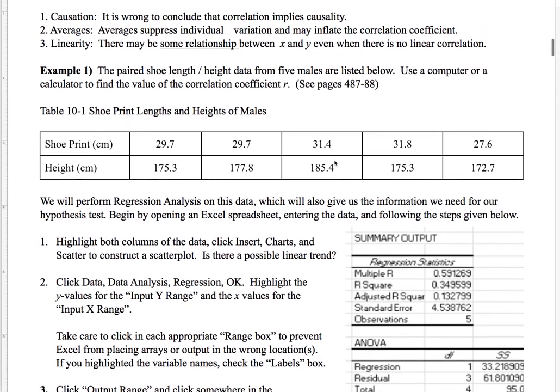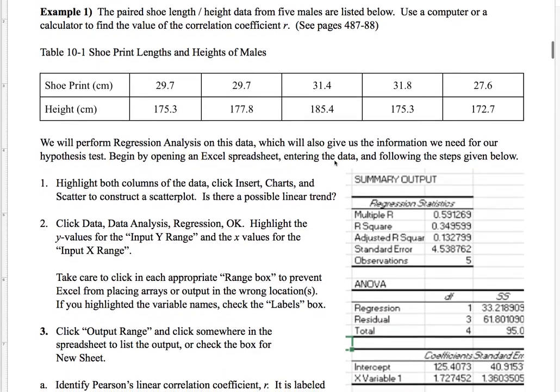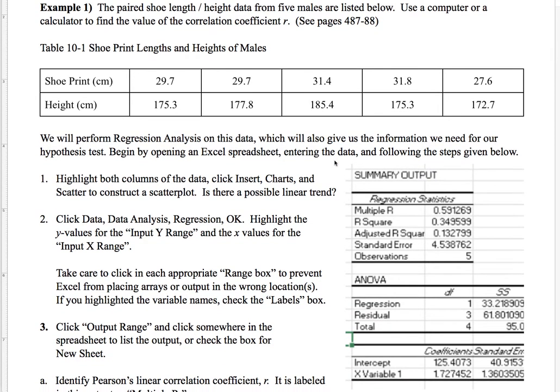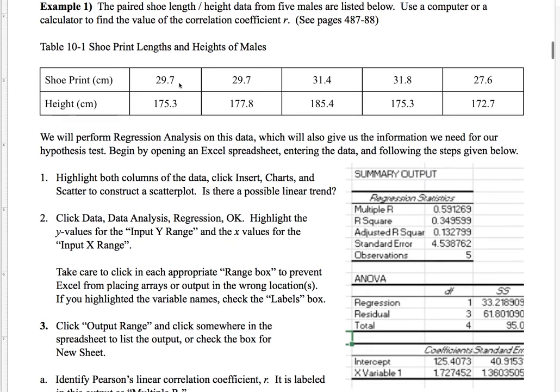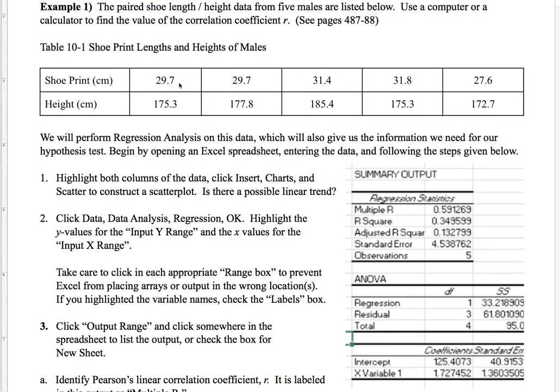So here's our handout that goes through the example with the shoe print length and height of 5 men measured in centimeters. Don't forget that it's very important that these values are paired up, so that, for instance, this man's shoe print length is 29.7 centimeters.